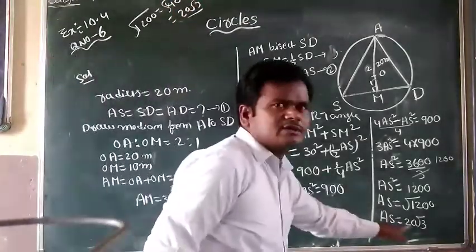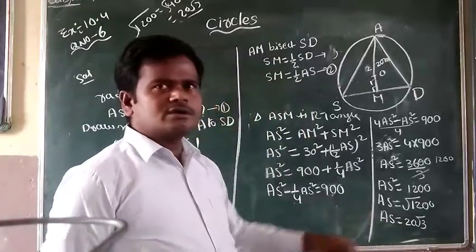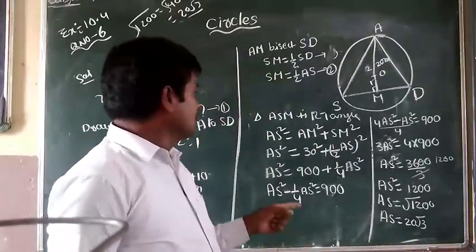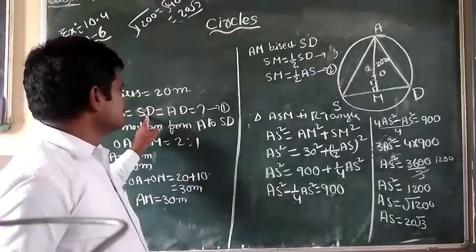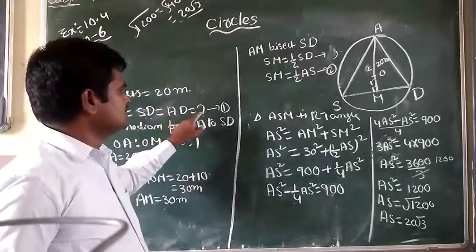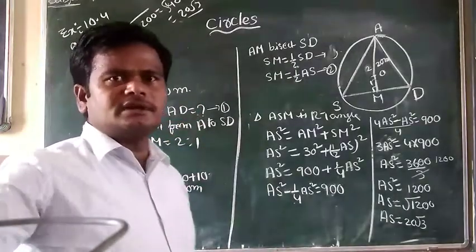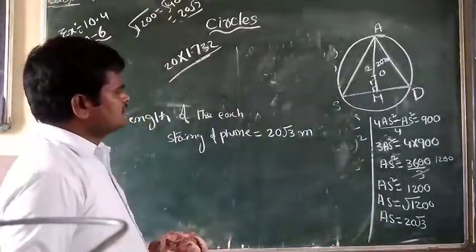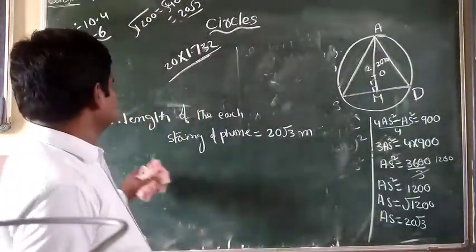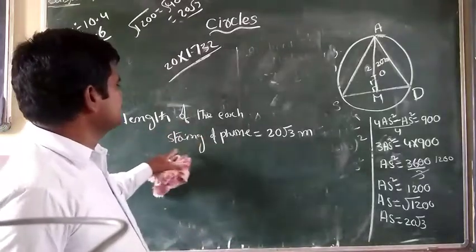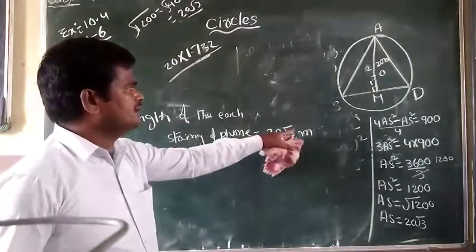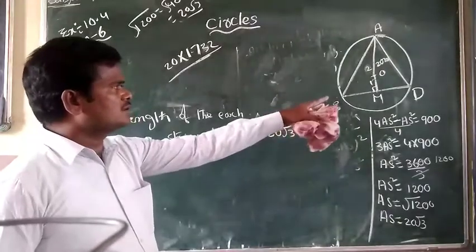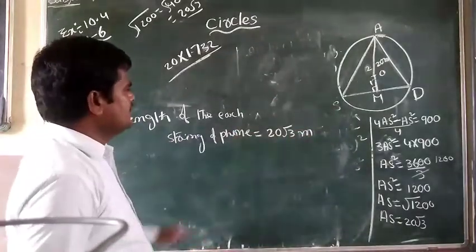So AS equal to 20 root 3, SD also 20 root 3, and AD also 20 root 3. Therefore the length of each string of the phone is 20 root 3.